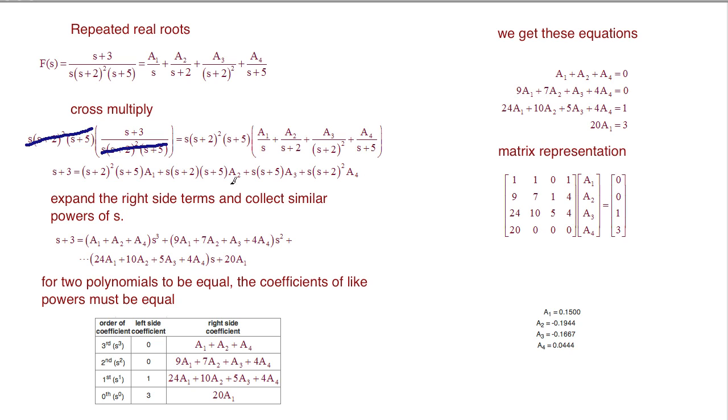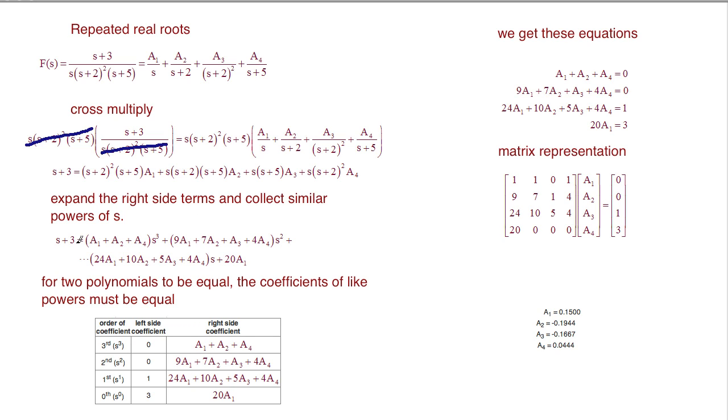Now what we do on the right side of the equation, which is now already pretty long, is expand all of these terms with the (s plus 2) squareds in them, and we collect similar powers of s. So when we do that, we get an expression that looks something like this.